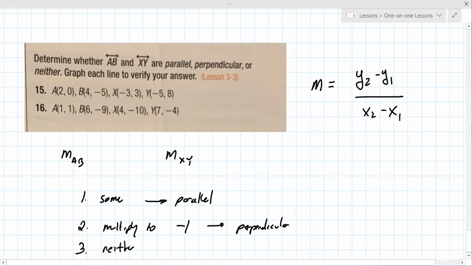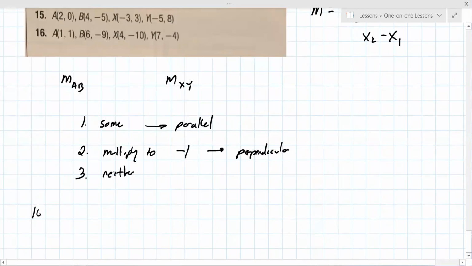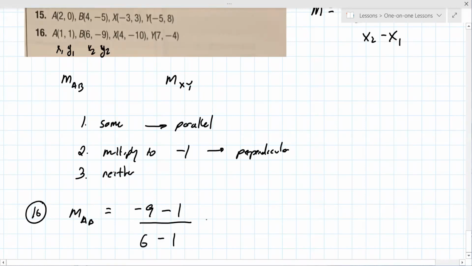For the sake of time, I'm just going to do 16, and we can always come back because it's even, so you probably don't have that. The slope from A to B is minus 9 minus 1, x1, y1, x2, y2, over 6 minus 1. So this becomes negative 10 over 5, it's negative 2.